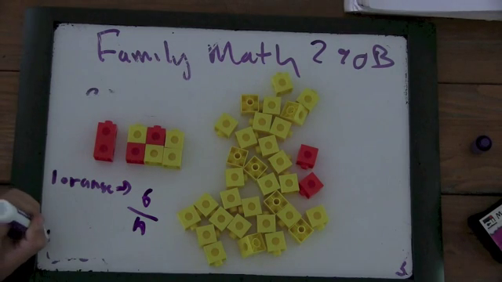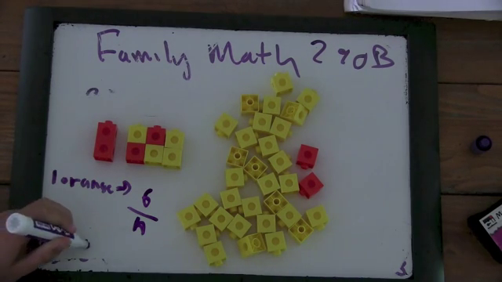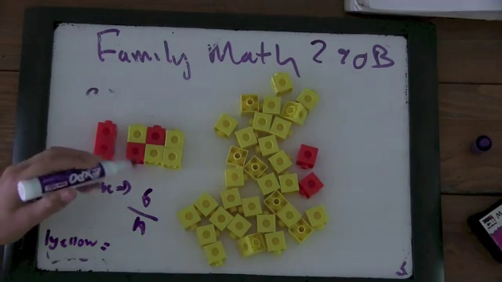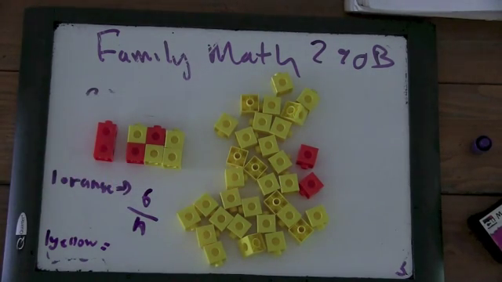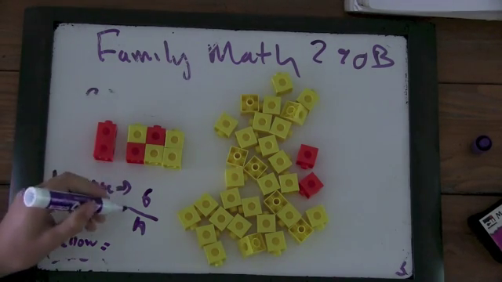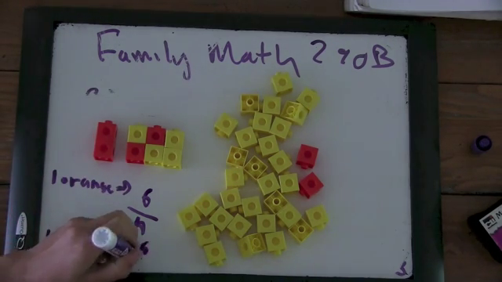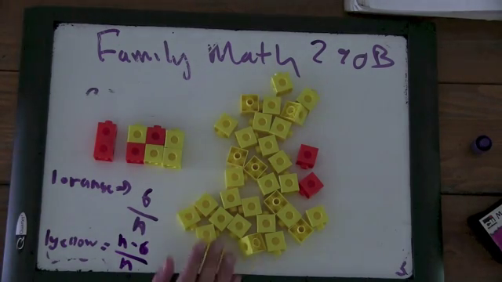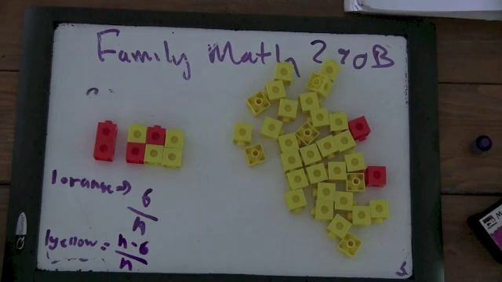And then 1 yellow is, well, 6 over n plus the yellows has to add up to n over n. So n minus 6 over n. I think I see something here. Oh yeah? What do you see? I had an idea for the n.